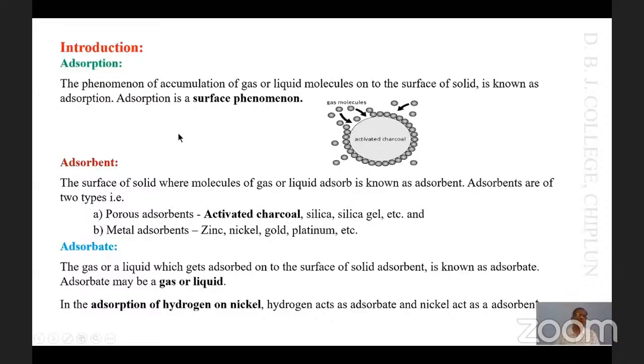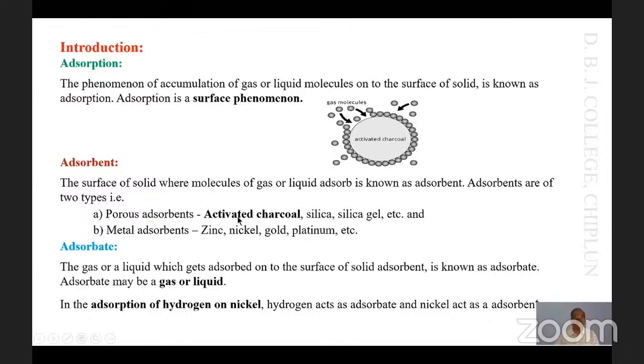Now, some important terms of this topic. In that, the first one is the adsorbent. The surface of a solid where molecules of a gas or a liquid adsorb is known as an adsorbent. Adsorbents are of two types. One is porous adsorbents.